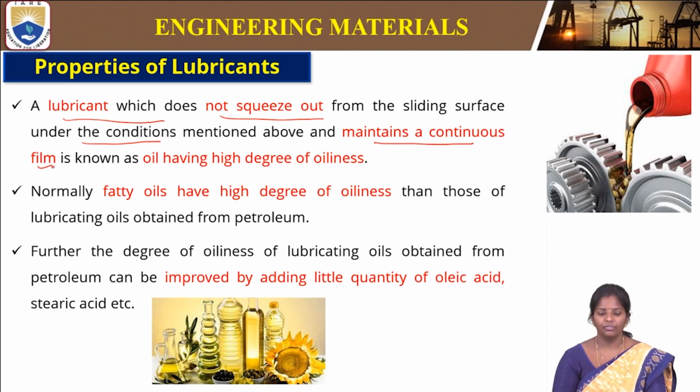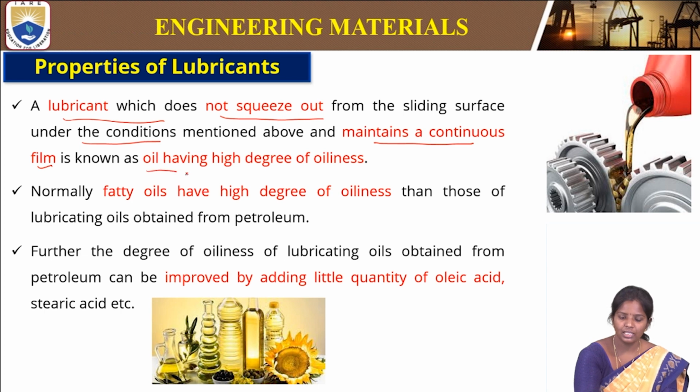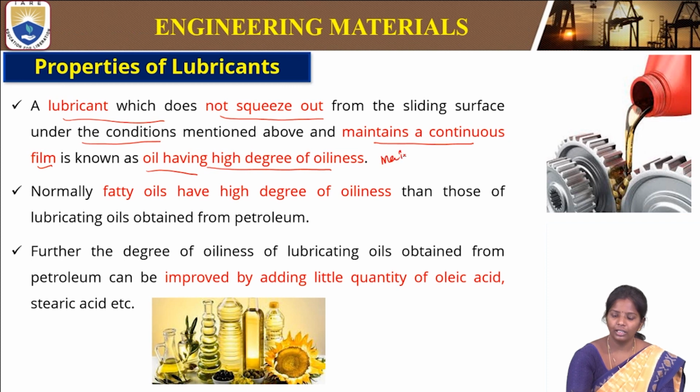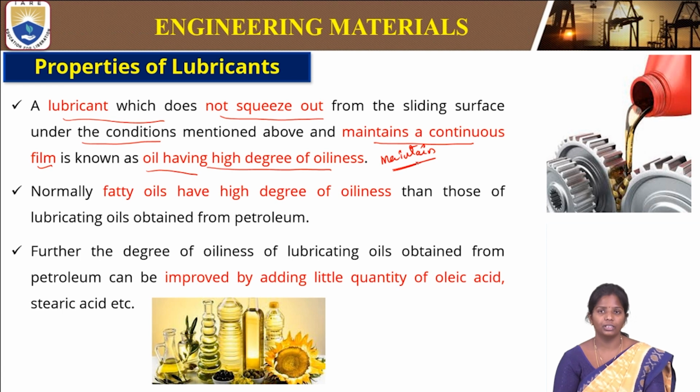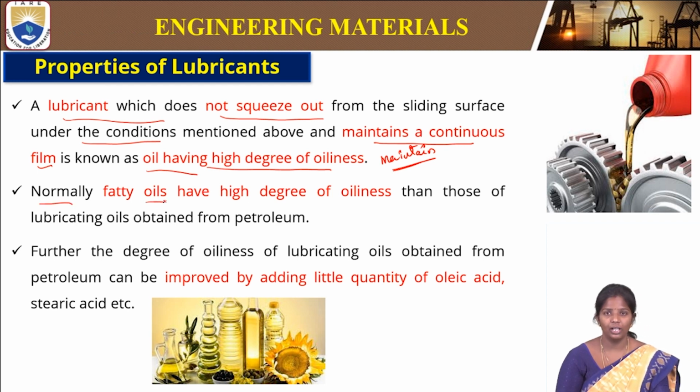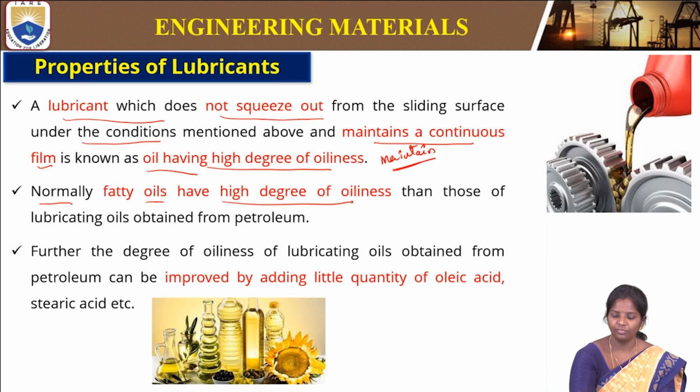When it is not leaking out, it will maintain a continuous film, and such a lubricant is known as an oil having a high degree of oiliness. So normally, fatty oils have a high degree of oiliness.